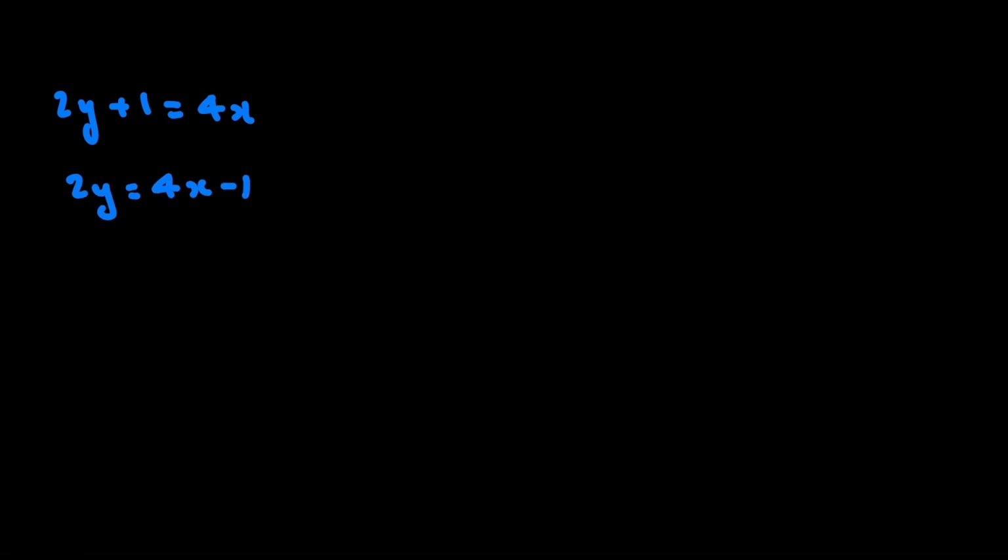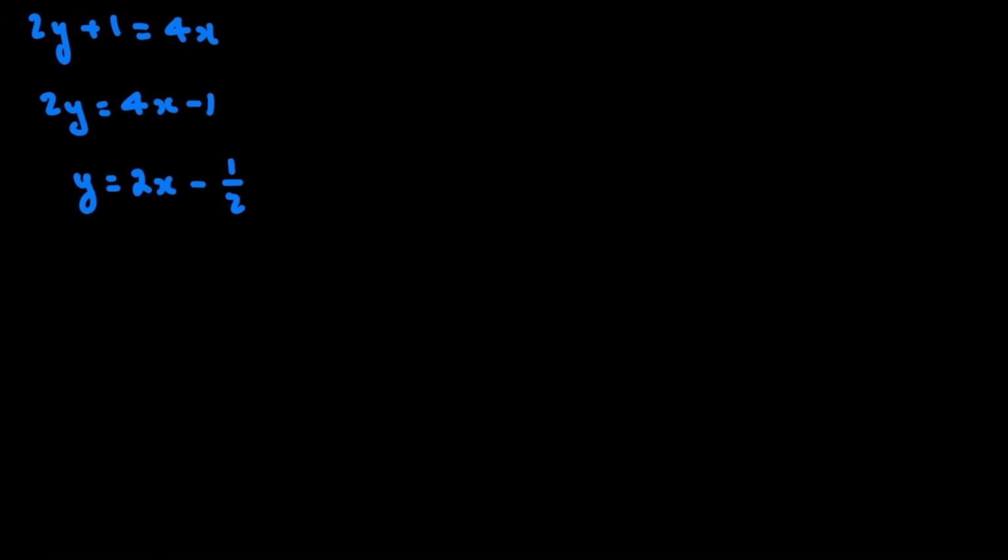Now I have this equation, and I'm interested in just y, not 2y. Because currently I'm multiplying by 2, and the opposite of multiplying is dividing, I'm going to divide both sides by 2. And there you go. I have it in gradient-intercept form now.